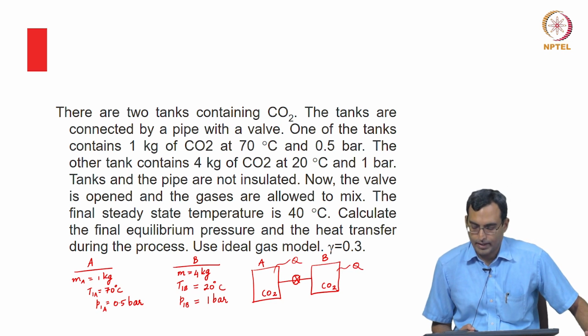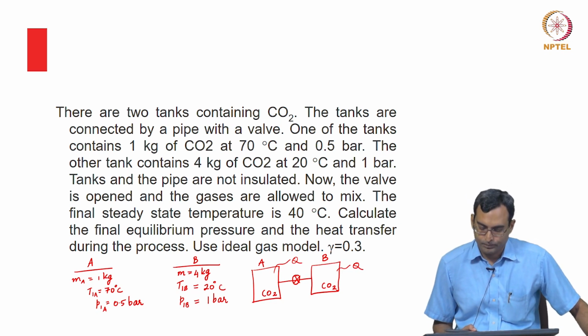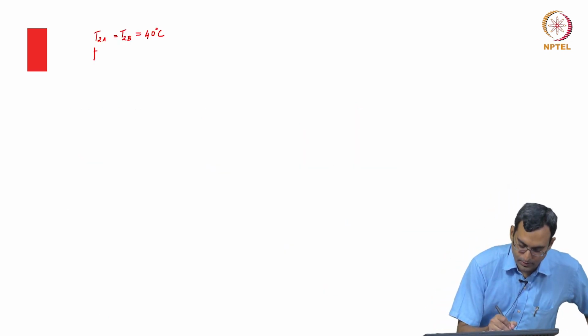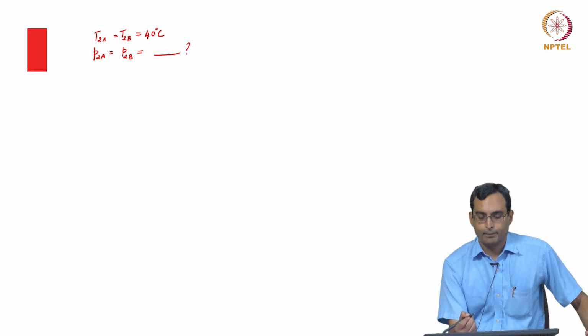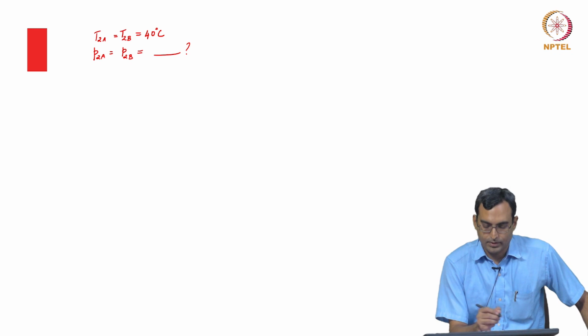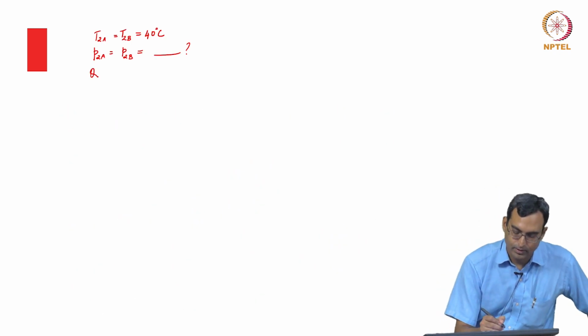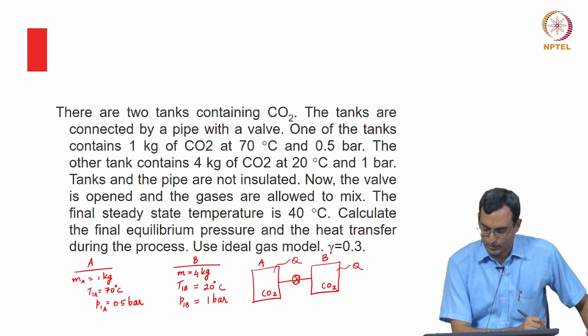We can use an ideal gas model with gamma as 1.3. So, we want to find out the final pressure. We expect pressure in both tanks A and B to be the same because it is in equilibrium. We need to find out this final pressure, and we are also asked to find out the amount of heat transferred during this process.